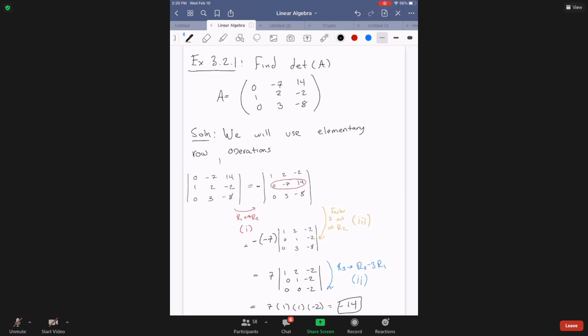Now do you see how we can reduce our determinants via these things? Okay. So that's nice and all. However, can we do better? It turns out we can, like this.